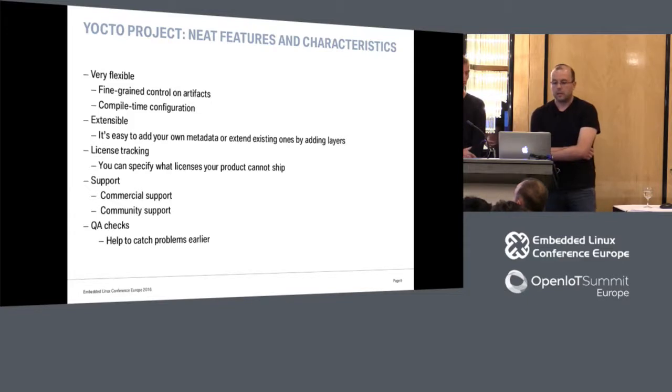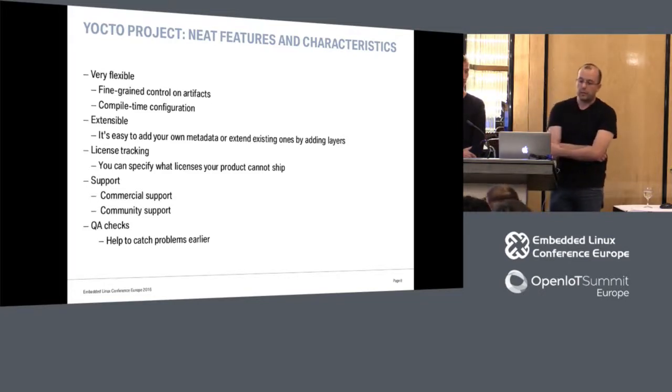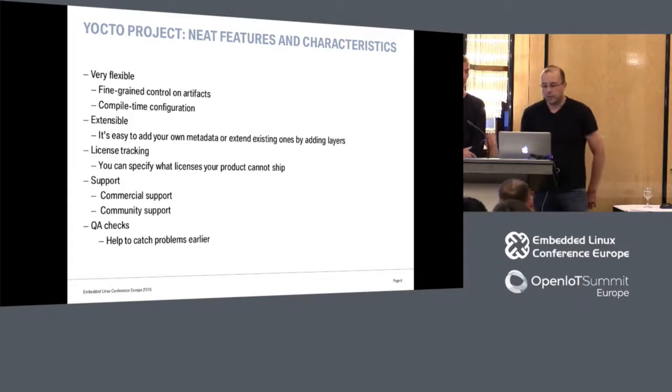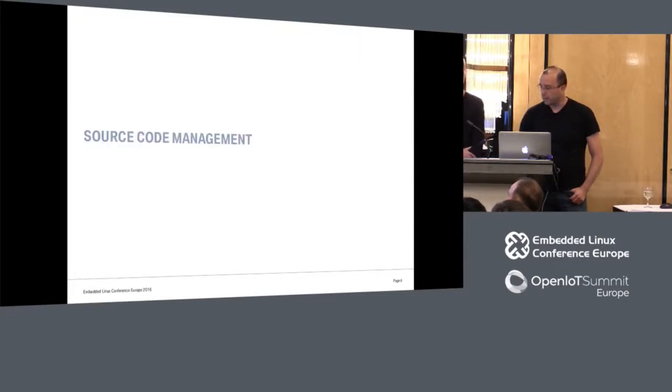It provides a very useful thing, which is license tracking, so we can specify what licenses we cannot ship, which is crucial for legal reasons. And it has commercial and community support, both of them very good. Another neat thing is QA checks, which we extensively use to guarantee some basic quality on our projects.